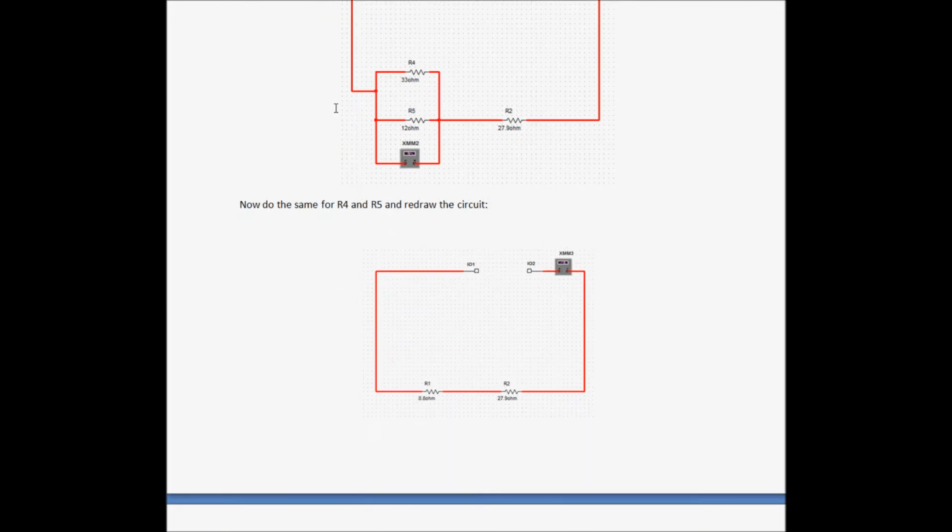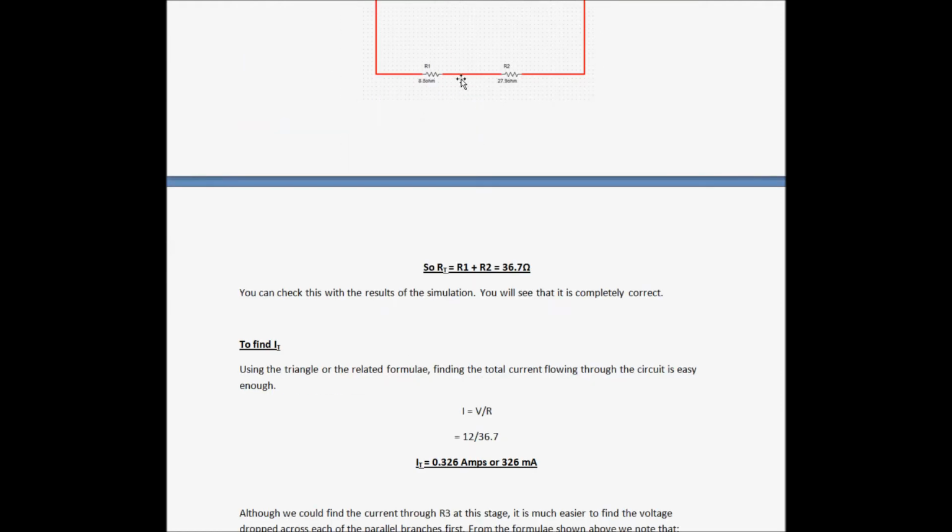Next, you will do exactly the same technique for this parallel branch, and when it's done correctly, you will have two resistances, each representing one bank of resistors. Now to find RT, we simply add those two resistances together, as you see has happened here. R1 plus R2 is equal to 36.7 ohms.